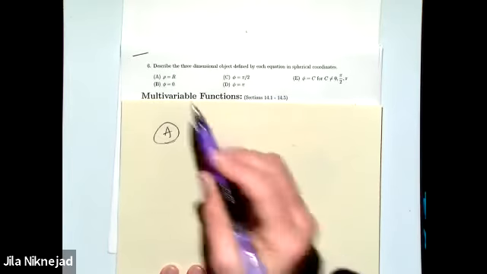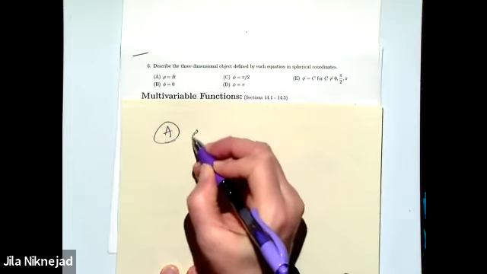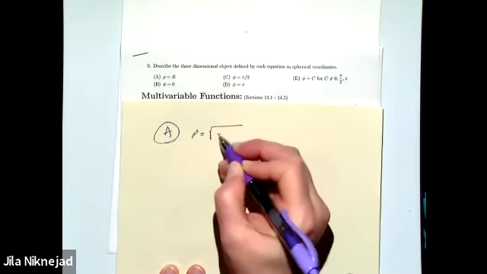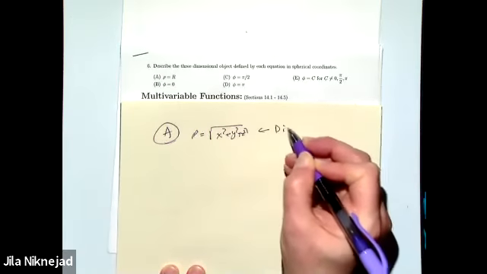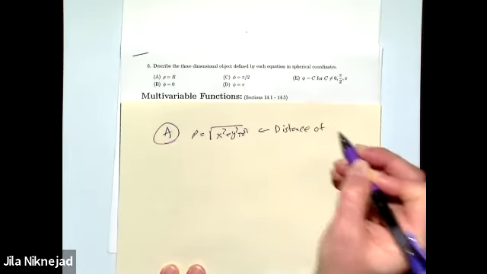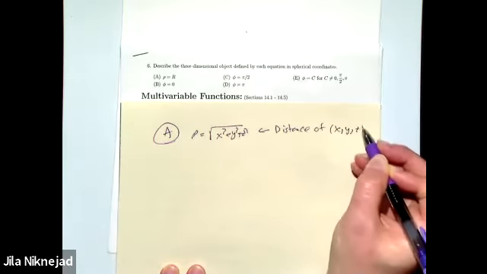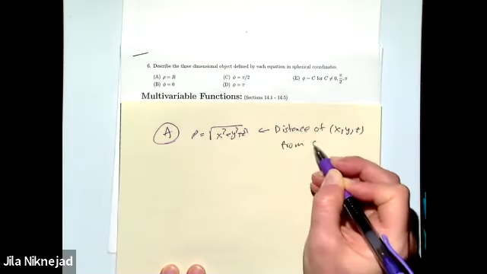What is rho? Rho is the distance of x, y, z from origin.